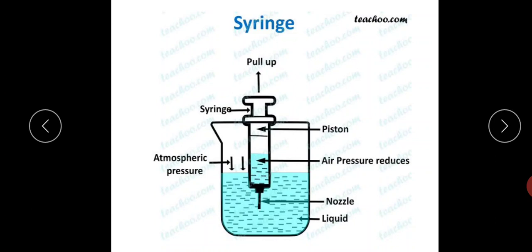But as both maintain an equal balance with each other, we are unable to fall, and we are able to be stable and balance ourselves. That is one of the best examples to know about atmospheric pressure in our daily life.